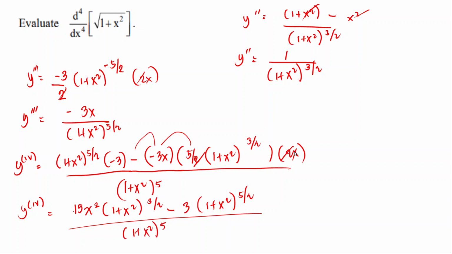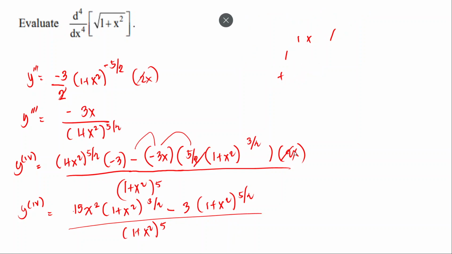Ngayon, pwede pa natin siyang i-simplify by, paano natin siya i-simplify? Paghiwalayin natin to. Okay, paghiwalayin natin yung dalawang fraction. So, the fourth derivative or the fourth order is equivalent to 15x squared.